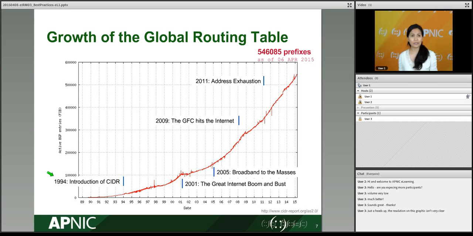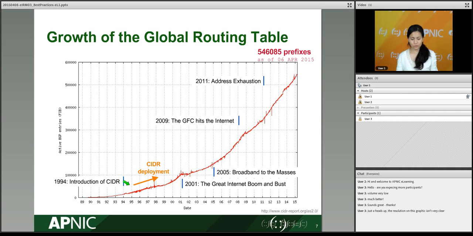If you look at this slide, it goes all the way back to the late 1980s, when the internet started really growing and becoming more mainstream. In 94, that's the time that we introduced CIDR. If we did not do that, we would have run out of IP addresses sooner, because the projected growth of the routing table would have been like this. Because of the introduction of CIDR, it became more linear, and basically a more manageable growth in this way.